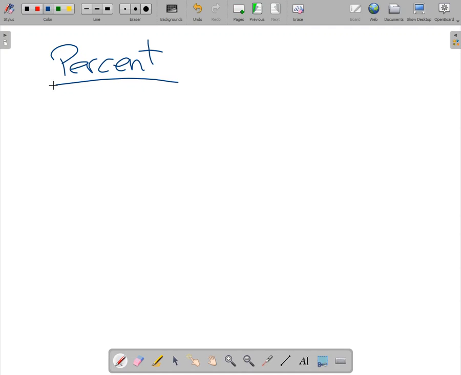If you could do me a favor, just write down what you think percent means, and give an example of it.